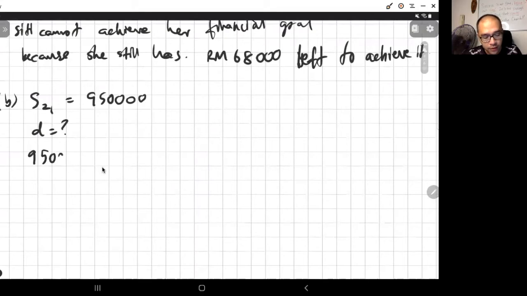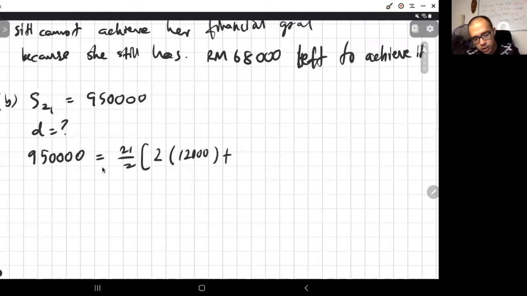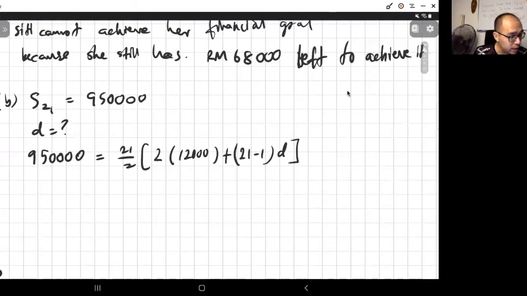So 950,000 equals 21 over 2 times 2 times 12,000 plus 21 minus 1 times D. Okay, so we can find the value of D from here. And when we calculate, we get the value of D equals RM3323.81.